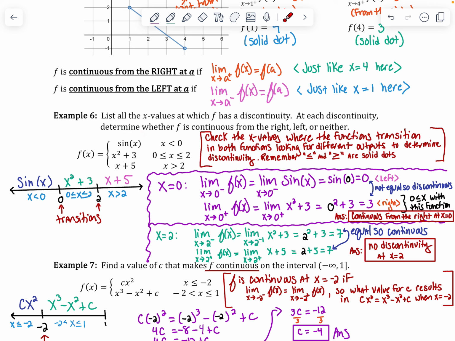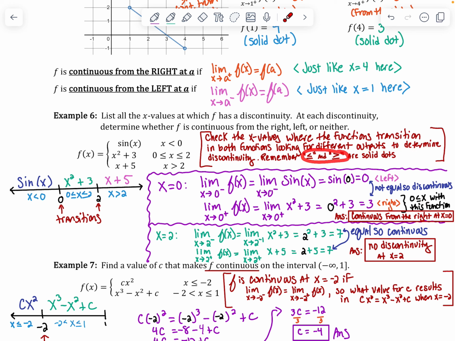So I've got these 3 functions, and basically what I need to do is check the x values where the functions transition from one equation to another. And I'm going to check that transition value in both functions, looking for different outputs to determine the continuity.